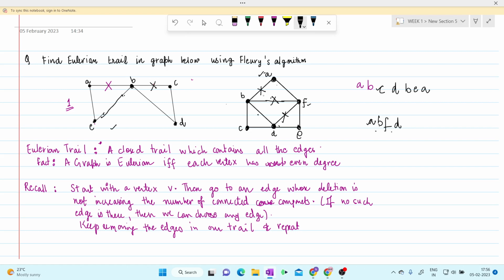If we choose DC, then also we have no issues. If we choose DE, will we have issues? Yes, we'll have issues. If we choose DE, we'll end up with two components: AFE and BCD. So we can't choose DE. We have to choose between DB and DC. So let's choose DB.